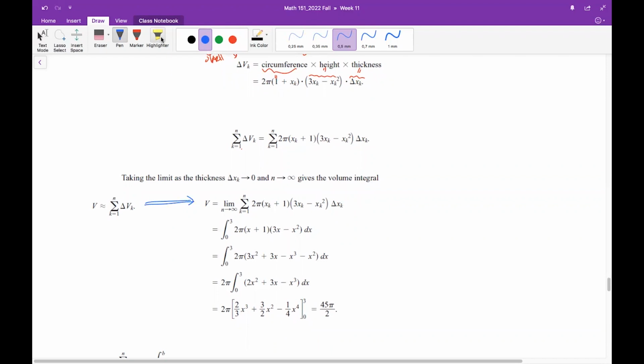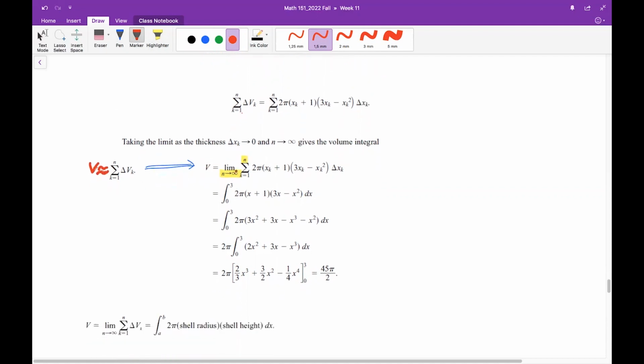You need to send this n to infinity to get rid of those uncovered parts. So that's why the actual volume without sending n to infinity is approximately the sum of the volumes of cylindrical shells. But once you send n to infinity, then instead of this approximating sign, you can put here an exactly equal sign.